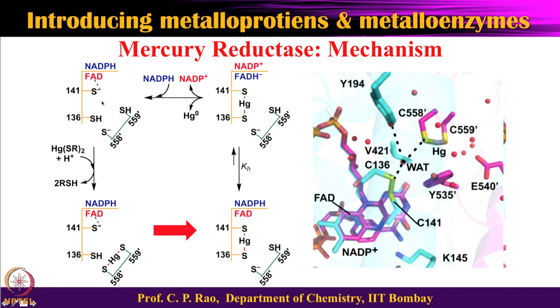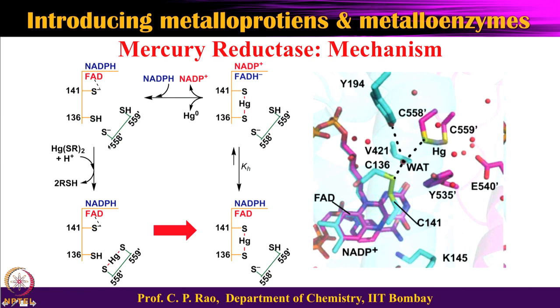So, the step is here. Now, this is the actual protein where you have the 558, 559 disulfide pair and the C136, 141 pair. In the presence of NADH, NADPH, this gets activated. So, these disulfides get activated, and this is now ready to take up the mercury ion. It can take the simple mercury ion, or it can take mercury SR twice too, either of these.